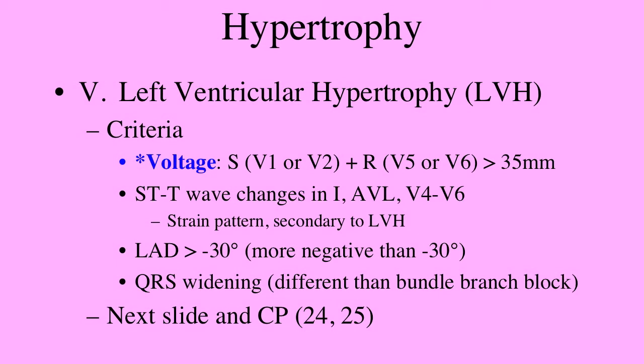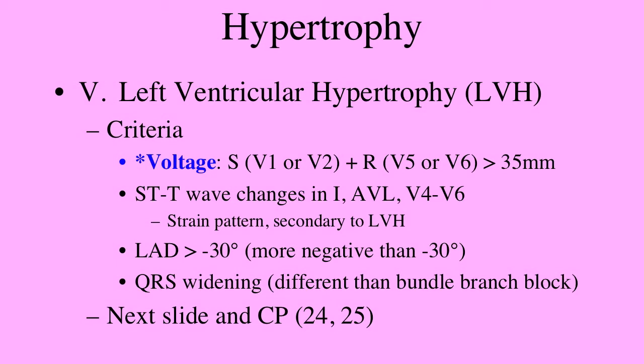If you add up the millimeters of the S wave and the R wave, and it's greater than 35 millimeters, and you can see that in that example, and you can also see that in the top one. And then if you look over on page 25, you have, again, large S waves. I would use V2, and then a large R wave, say in V5 or V6. If you're over 35 millimeters, that is the main criterion for diagnosis of left ventricular hypertrophy, that voltage criterion. That's the main thing you want to look at.